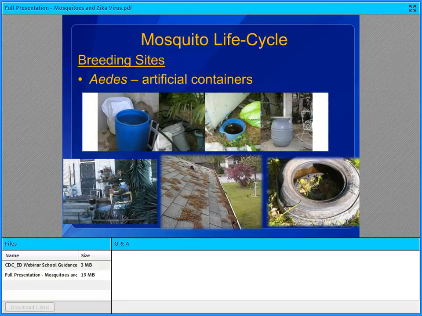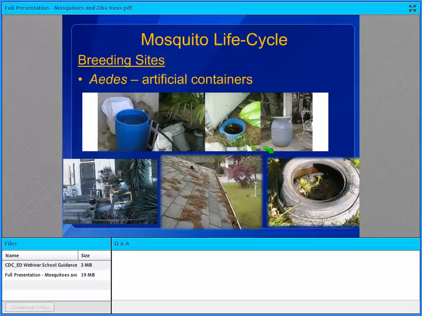I'm going to have a lot of pictures on some of the following slides to show you some of the places that these mosquitoes like to live. These are examples of artificial man-made containers that the Aedes species particularly like. This is where they will lay their eggs. Right here where I have the green arrow, you see a used discarded tire.